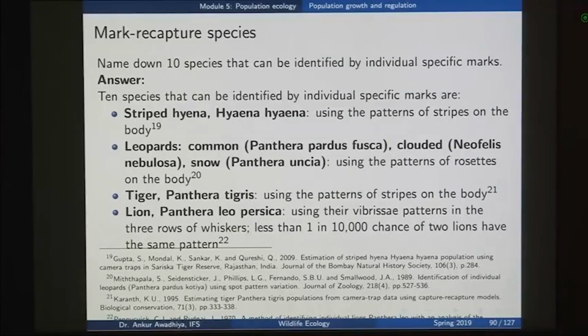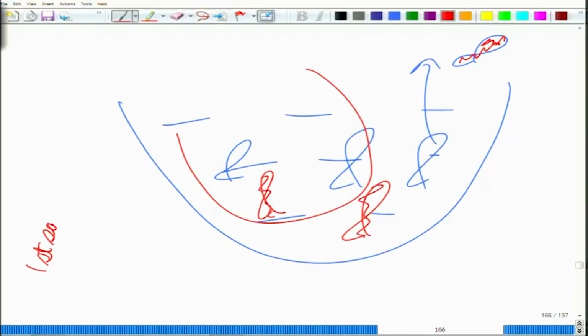So, suppose in the first sample you put your camera traps for say 10 days. In those 10 days, you were able to capture 50 photographs of 50 hyenas.